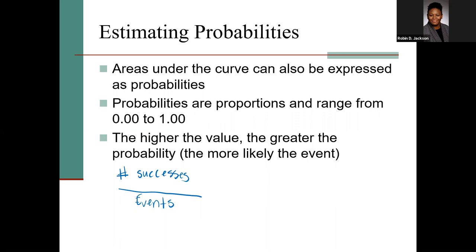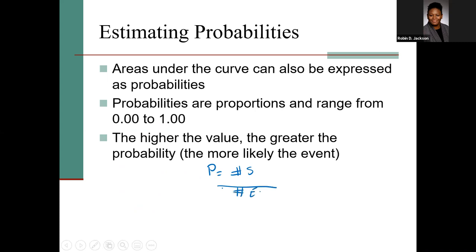The number of successes divided by the number of events. That's essentially what probability is. So if you're trying to write an equation, probability is equal to the number of successes, I'm just going to do an S, divided by the number of events. I don't know that the book has that in there like that, but that's essentially what probability is.